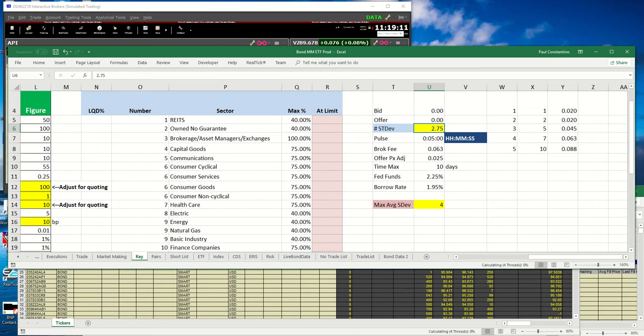I also have maximums, such that if there is a breach of a particular security and it's exhibiting too much volatility, that security won't be traded. In addition to that, there are also parameters for maximum holding day periods. In this particular case, I have it set to 10. You can set it to 5, 3, whatever you want, and the system will then react itself.